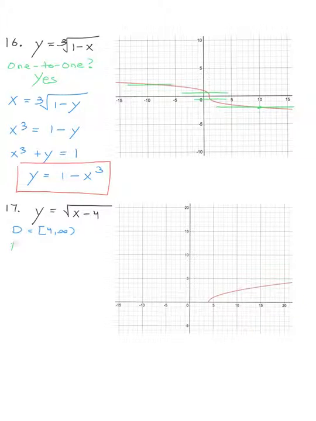Likewise, the range, the y values of this graph start at 0. And since the graph is moving upwards, you get all y values which start at 0 and go up forever. Therefore, the range of this function is from 0 to infinity. The thing to point out is that these are x's and these are y's.